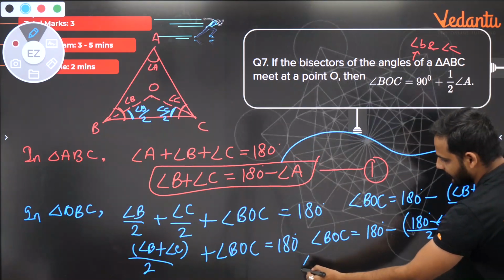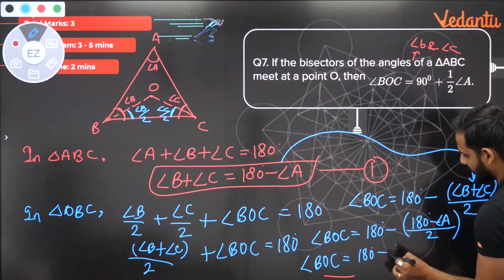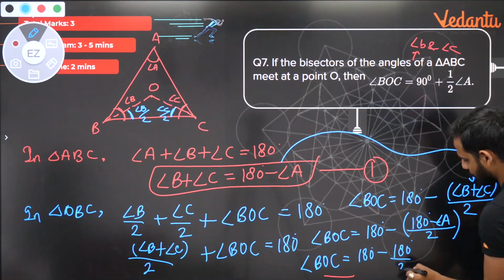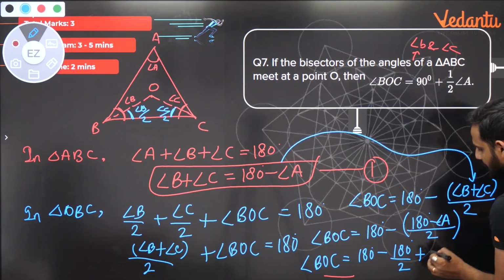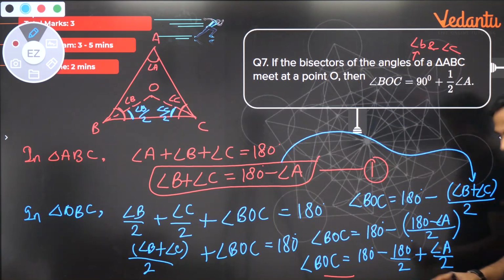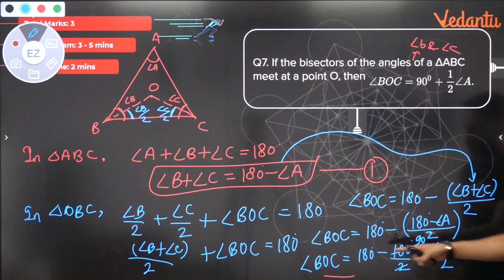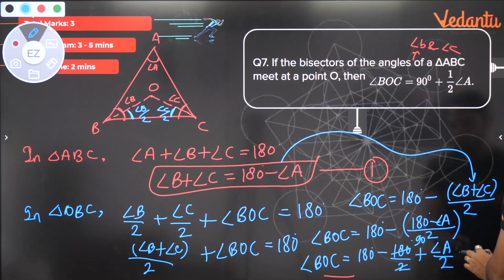Let us split this: angle BOC equals 180 minus 180 by 2, and minus into minus becomes plus angle A by 2. Now 180 by 2 is nothing but 90. So 180 minus 90 gives you 90 plus A by 2.